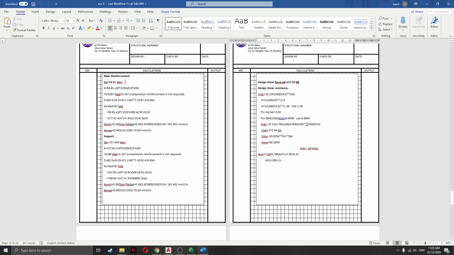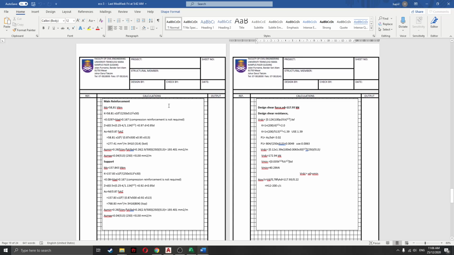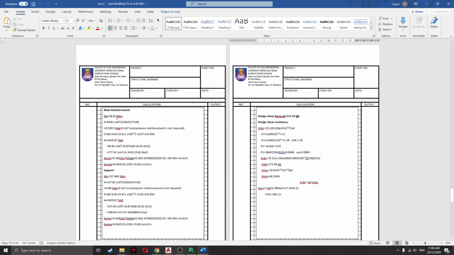Then we need to find the main reinforcement. For the main reinforcement, I use the highest moment, then I get 277.41. I use 3H10 at the bottom.